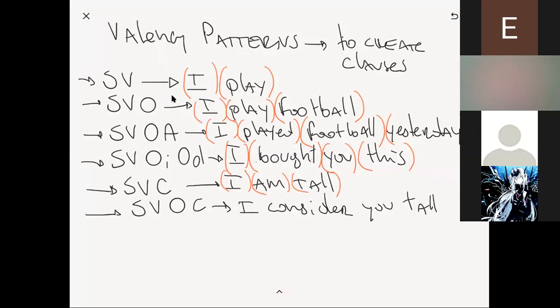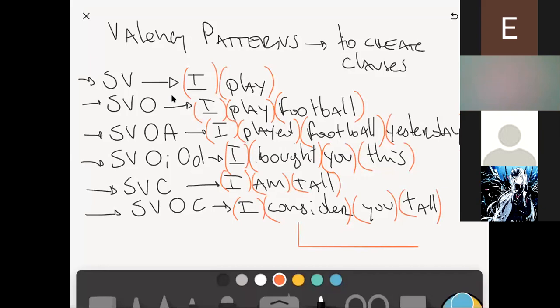And then finally, I consider you tall. Again, we're working on this like that. In I consider you tall, the verb consider is requiring 2 other elements. And it's a mixture between the previous example, I am tall, and the I play football one, right? Because I considered what? I considered you, right?